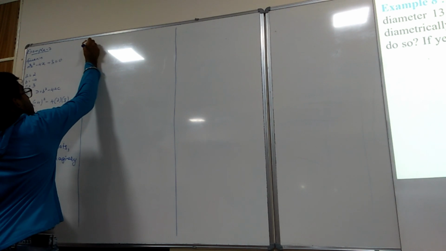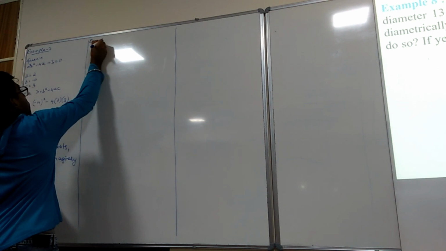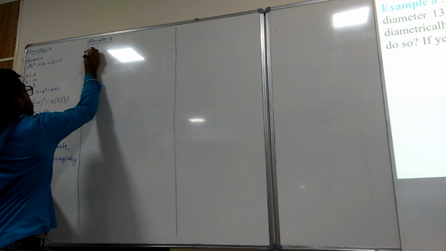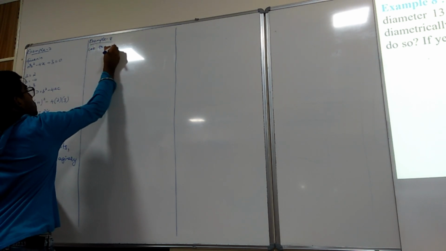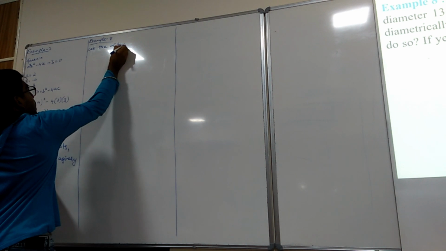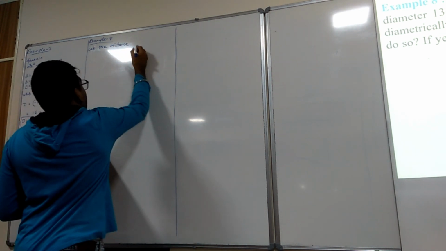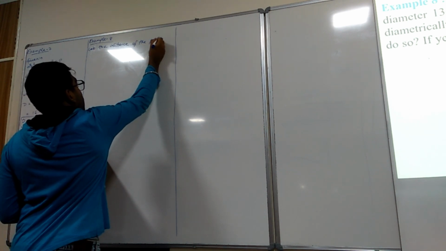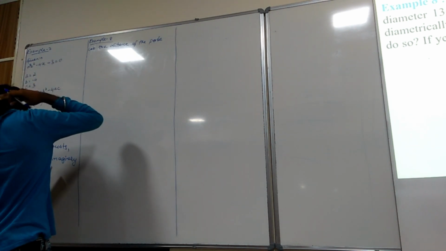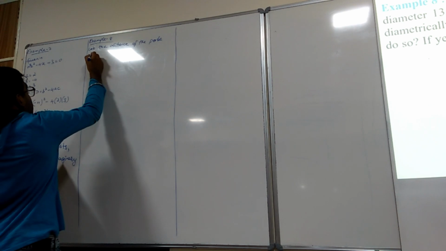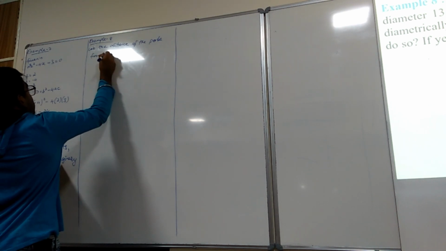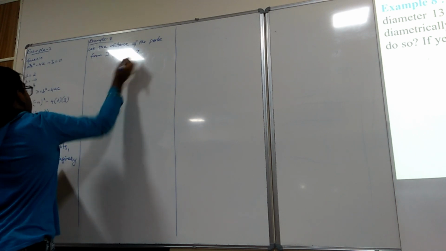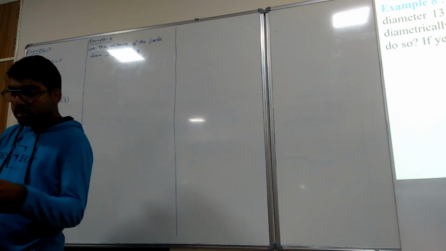Let the distance of the pole from the first gate be x.